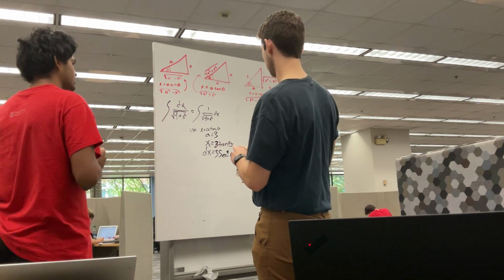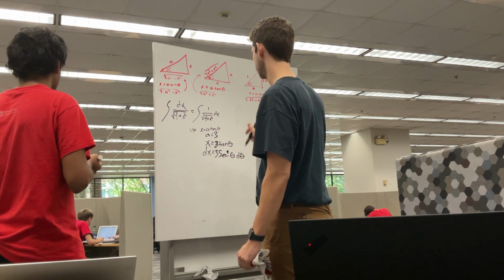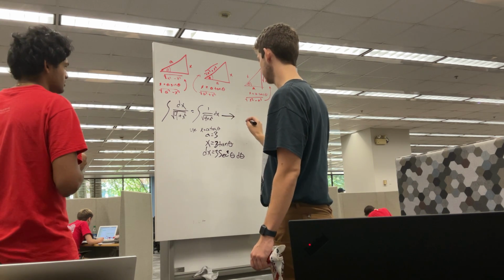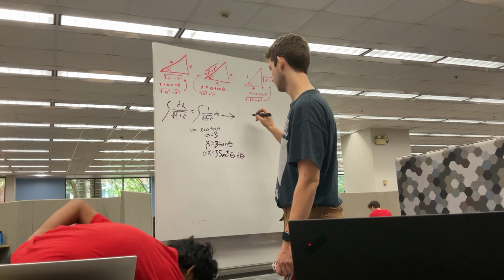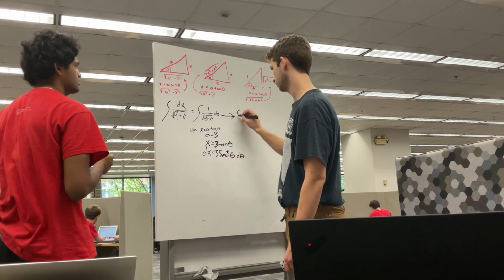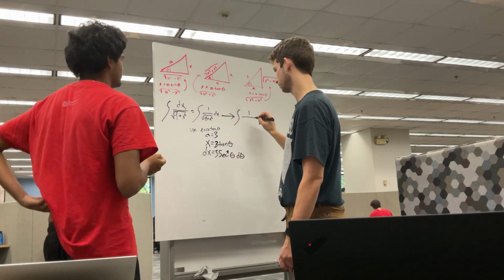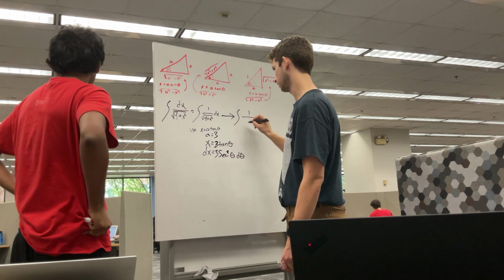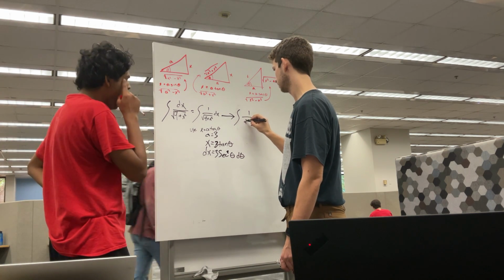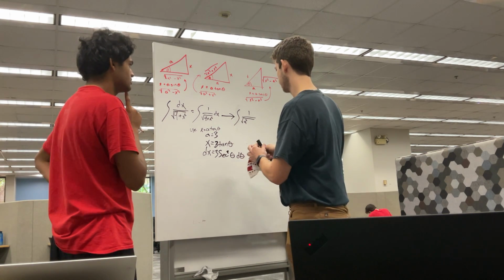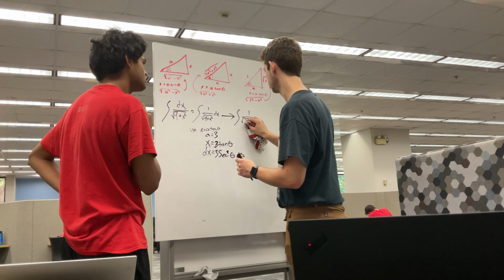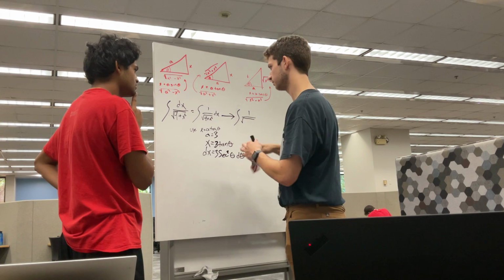Okay. So this means that we can turn this into 3 secant squared theta d theta over, did you keep the 9 when you were doing this?